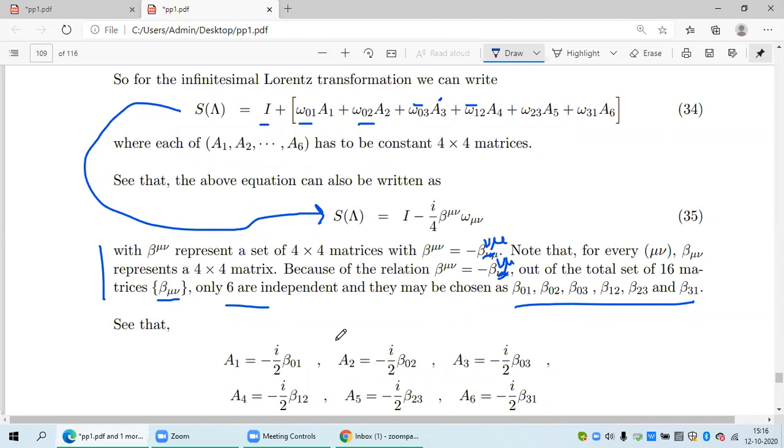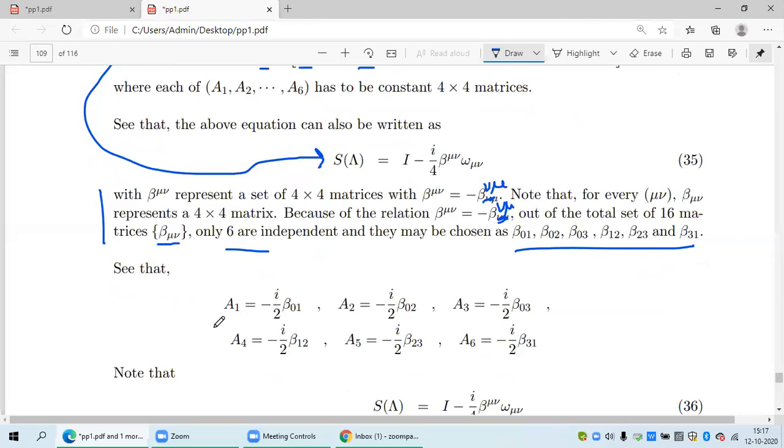Okay, thank you. But if you write beta mu nu down and omega mu nu up, that will not change things. I should have written beta 0,1 in the above here. Okay, I will correct it.